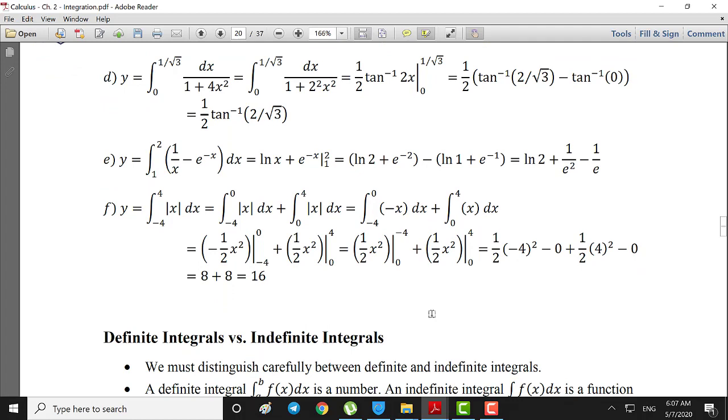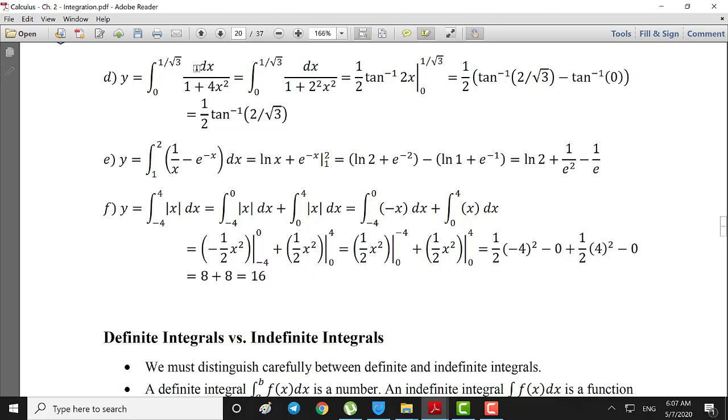Now, let us go through part D. Here, we have to calculate the definite integral of dx over 1 plus 4x^2 from 0 to 1 over a square root of 3.